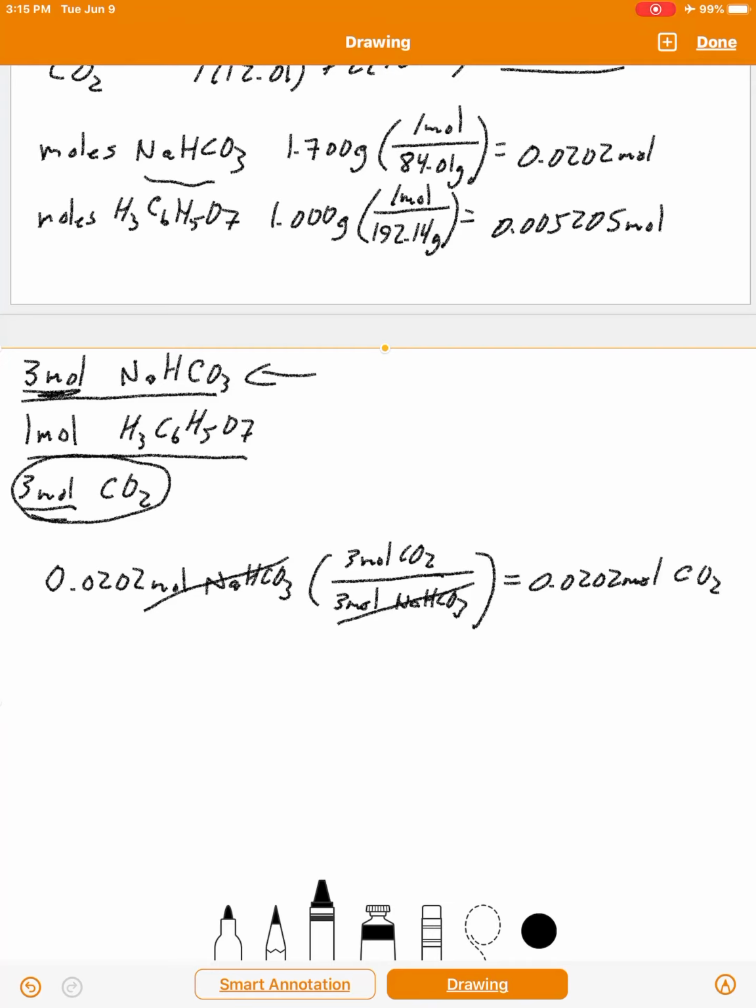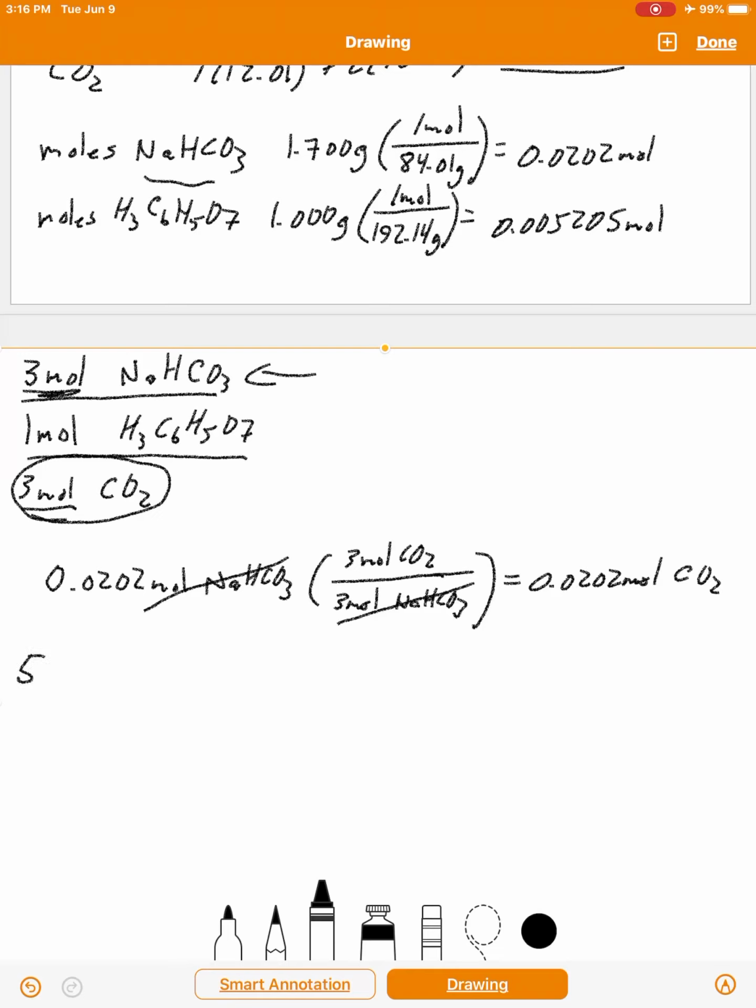So that's how much CO2 we would produce if all of this reacted. The problem is we don't know if all of it's going to react. There may not be enough citric acid to react all of the sodium bicarbonate. So we do a separate calculation. We take the moles of citric acid.